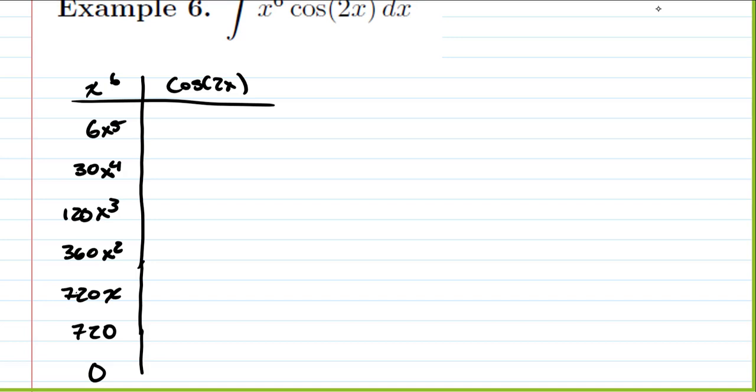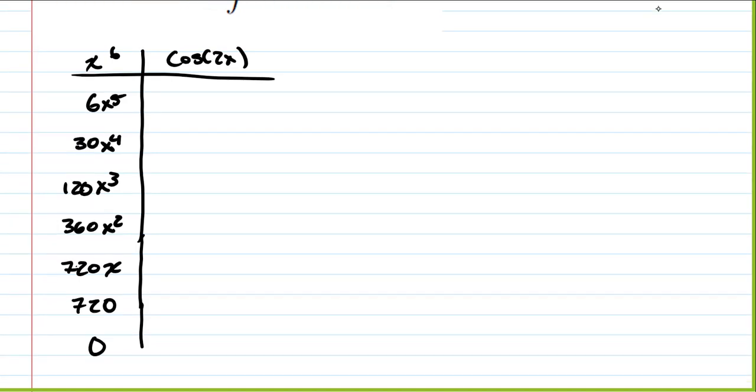That's our derivatives of all of those things. Then we make every other one of these negative. So it goes positive, negative, positive, negative, positive, negative, positive, negative. And we know we stop when we get to 0.